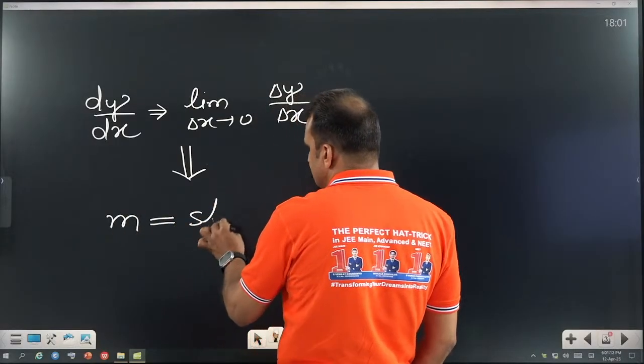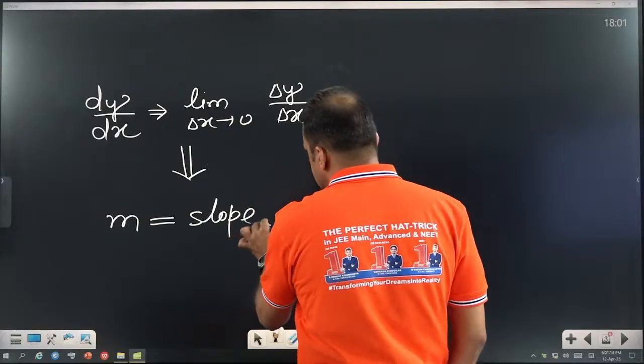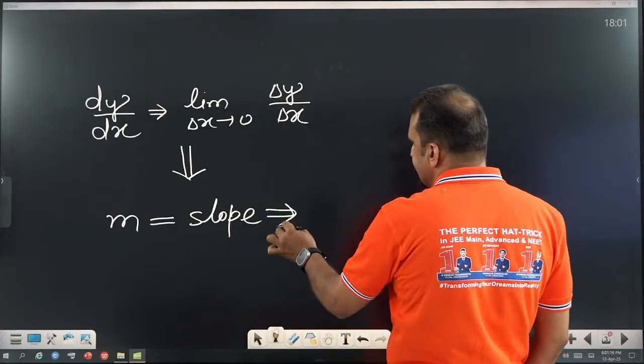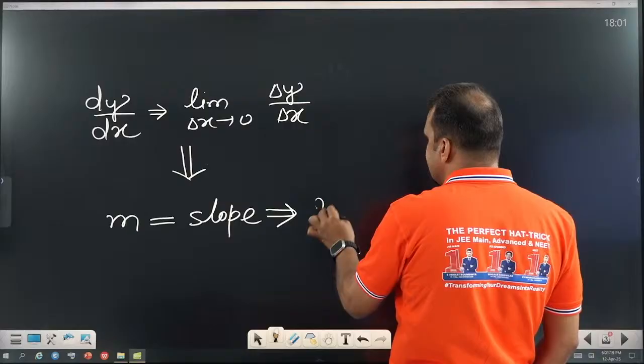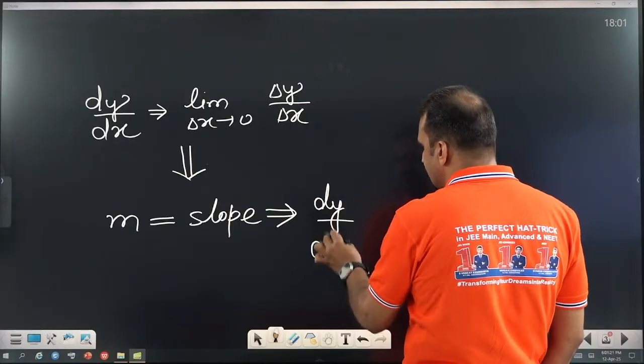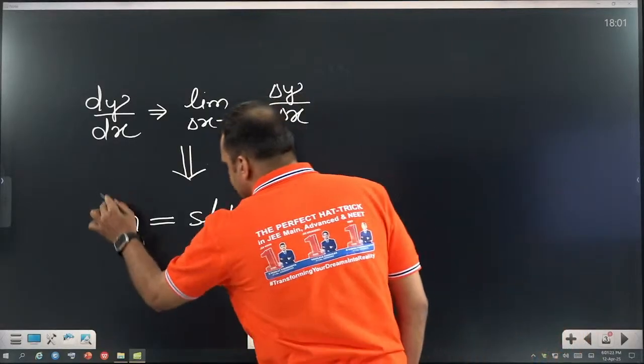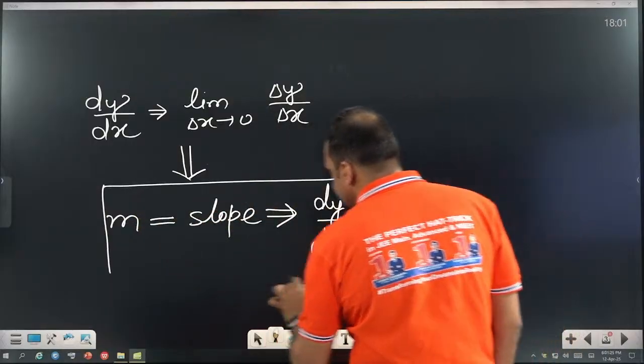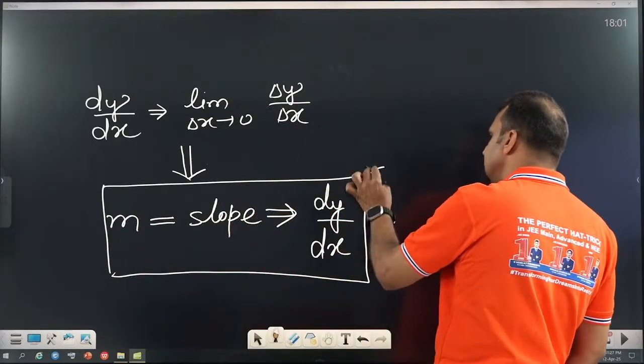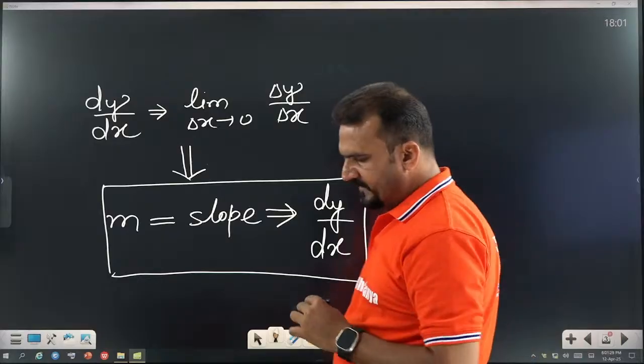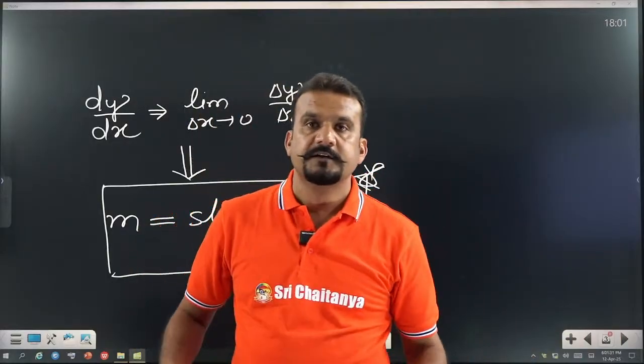For right now, just have a brief idea. M stands for slope, and the application of differentiation itself is slope. Remember that, it is a very important part of our physics basics. M equal to slope means dy by dx, differentiation of y with respect to x.